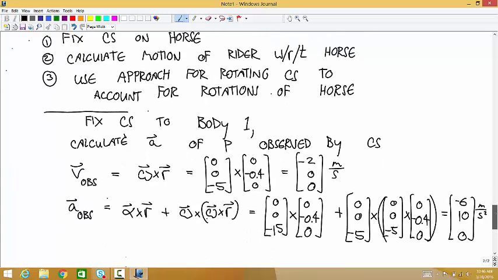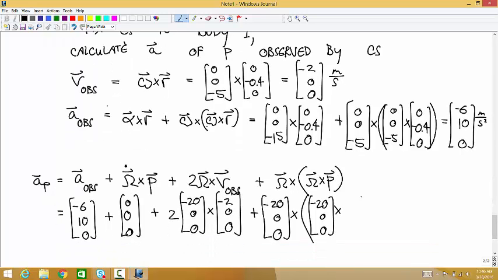Yep. It's the same as the r vector in this case. That's not always the case. It depends where the coordinate system is located. So 0, negative 0.4, 0. This one goes away because the cross product of 2 parallel vectors is 0.